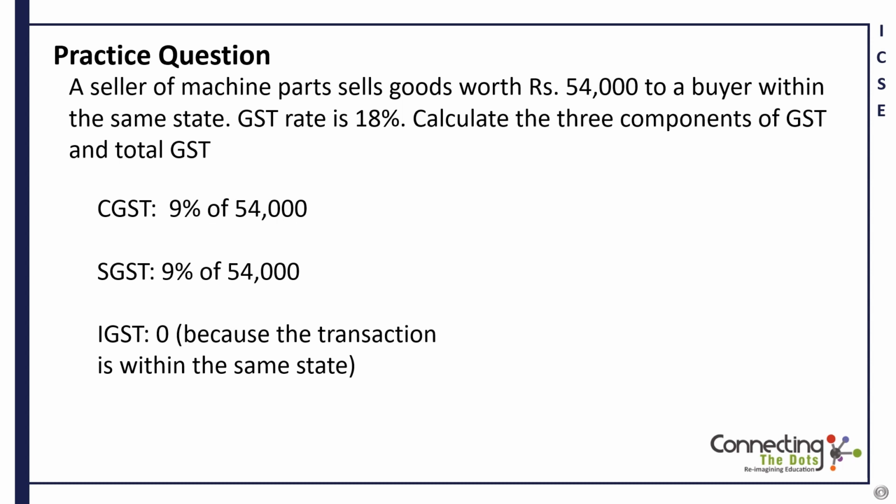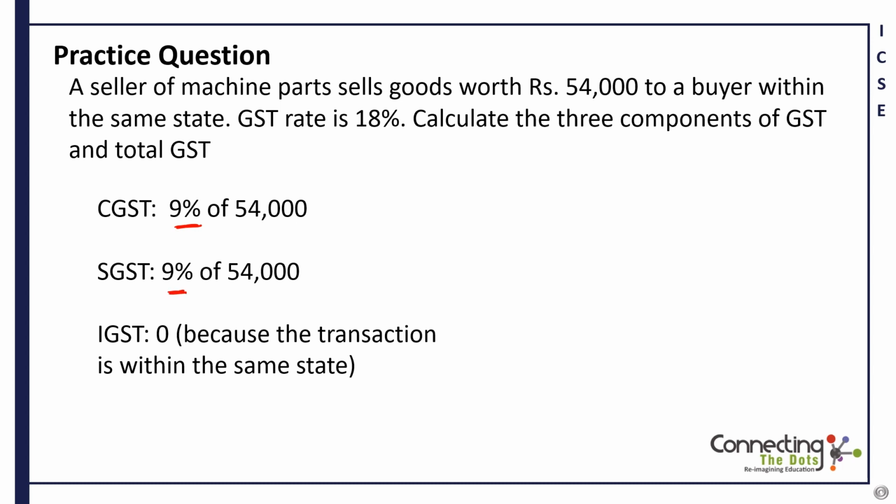Calculate the three components of GST and the total GST amount. Now, since this is an intra-state transaction, the GST rate of 18% is split equally between CGST and SGST components.